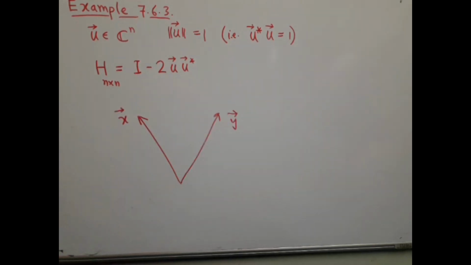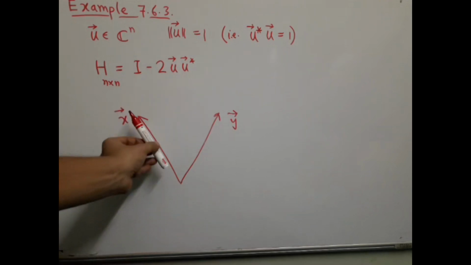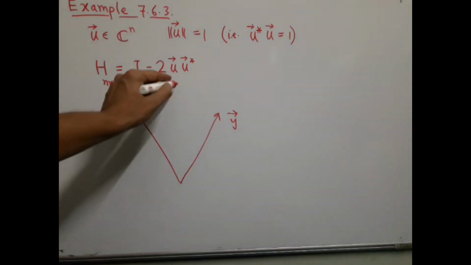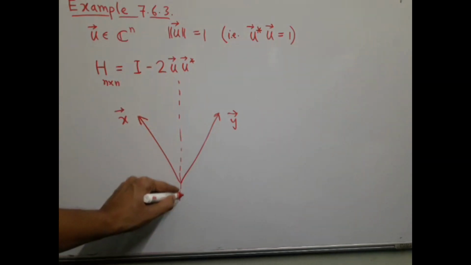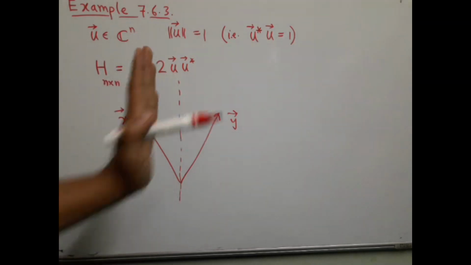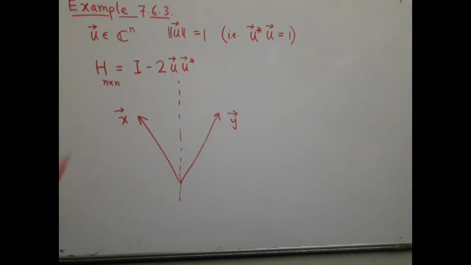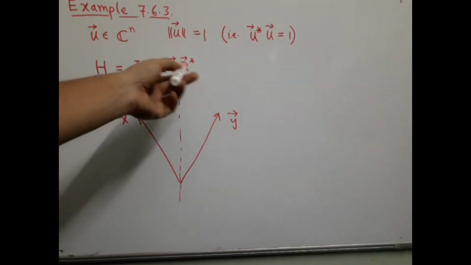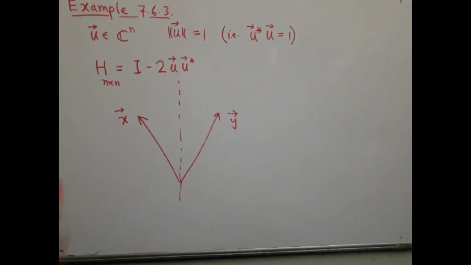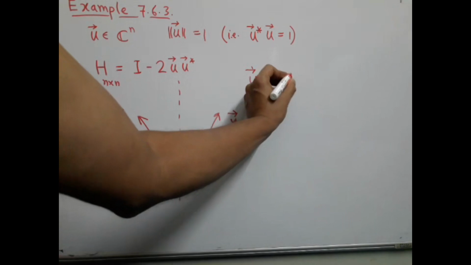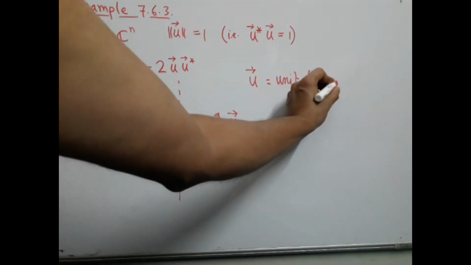Now I said earlier that the Householder matrix reflects one vector to another vector of the same length, so it is as if I am putting a mirror here. Of course, the mirror is along a hyperplane, then the reflection of x is y and the reflection of y is x, and this matrix will do that. However, this matrix has no x or y in it, it has some u. So the way I relate this matrix with this reflection here is by taking u equal to the unit vector along x minus y.